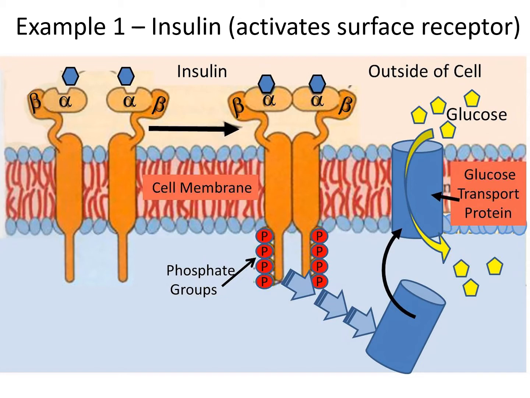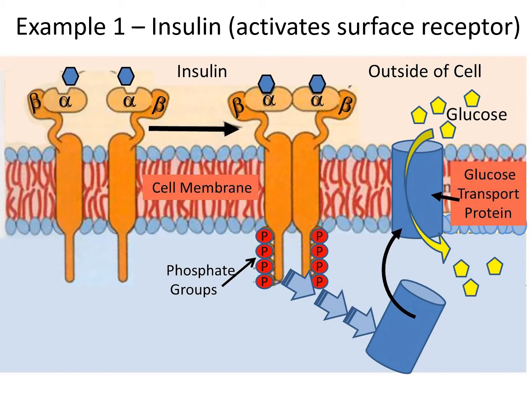On the left of this diagram, you can see that we have an insulin receptor that is inactive. It's actually in two pieces. If it binds insulin, the two pieces will change shape and they'll come together and they'll form an active site on the cytosolic side of the membrane. In fact, this molecule is going to become a kinase. That's an enzyme that will take phosphates off of one thing and stick them to another.